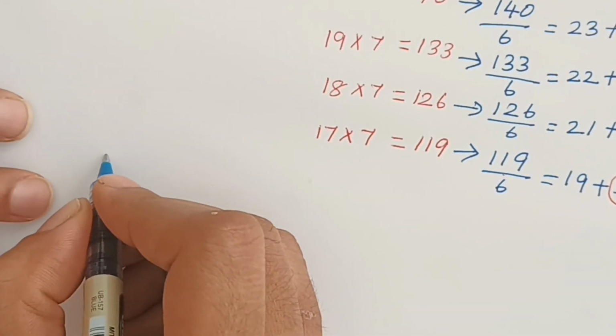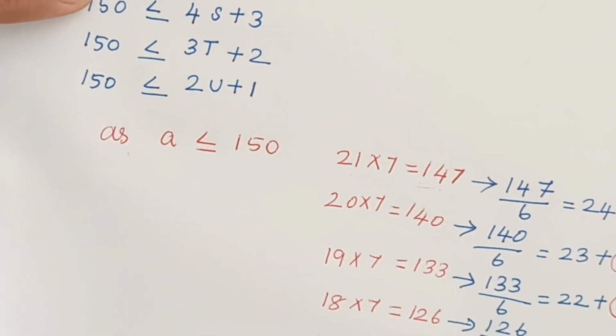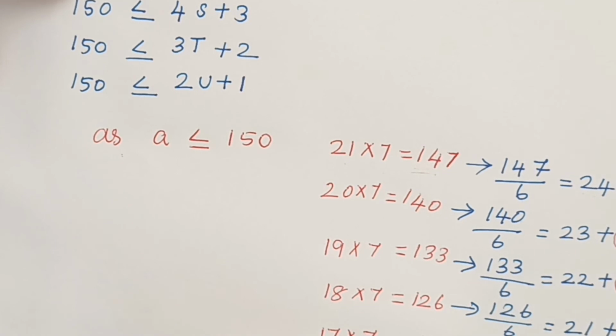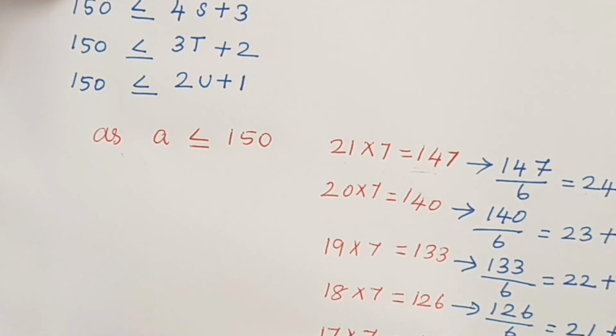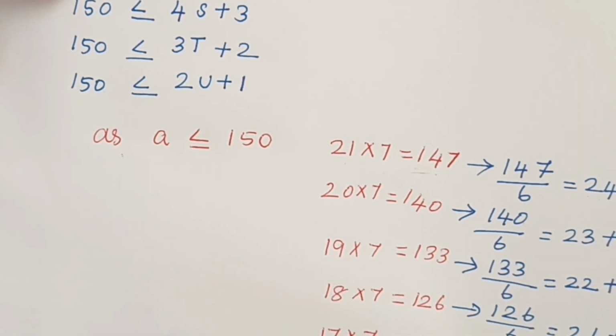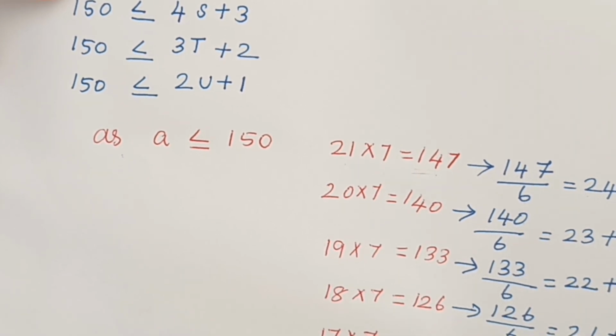Let us check with 119, which is equal to 6 of 19 plus 5.